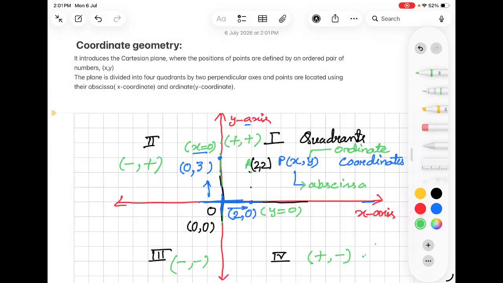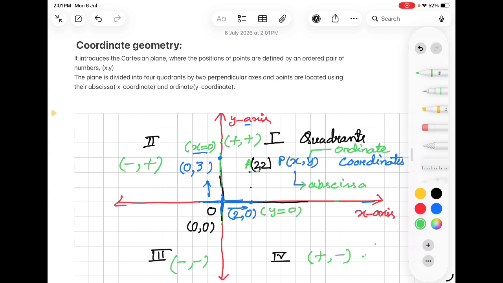See, in the first quadrant, any point like this A, whose coordinates are 2, 2, correct? Both are positive because it is right side of the origin and up from the origin. Similarly, in the second quadrant, the point is left side of the origin and up from the origin. Left side of the origin means a negative number, and up means a positive number. In the third quadrant, both are negative because the first coordinate is left side of O, and the y coordinate is downward of the origin.